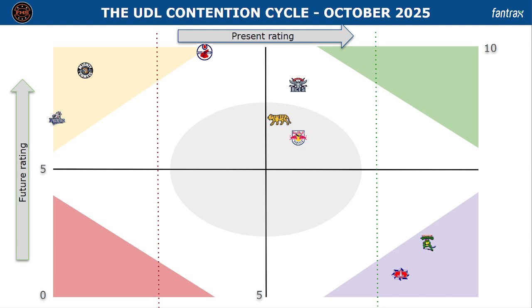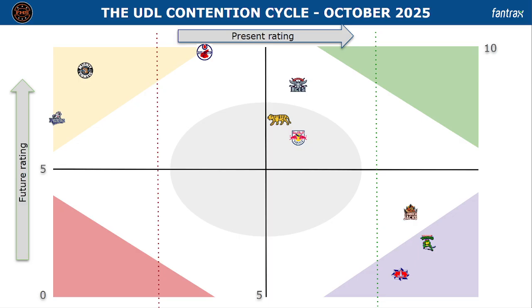But still, they definitely live here in the purplish field, which is the win now category. The teams who have mortgaged most of their future assets for staying in contention for the present.